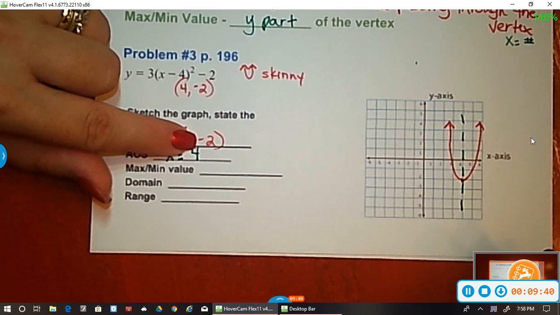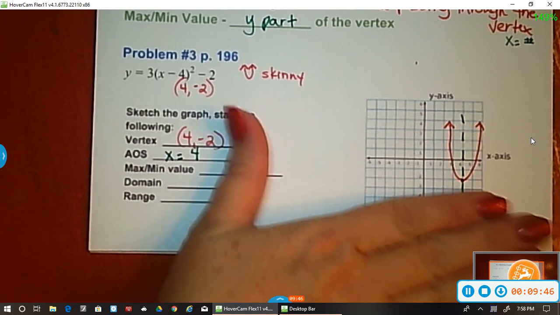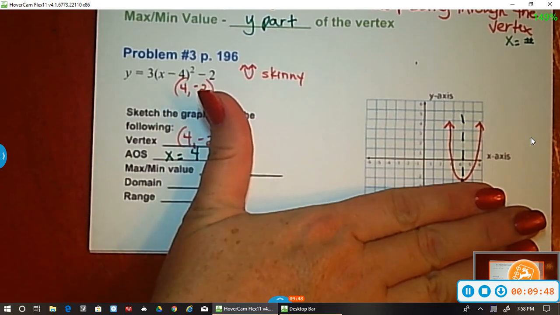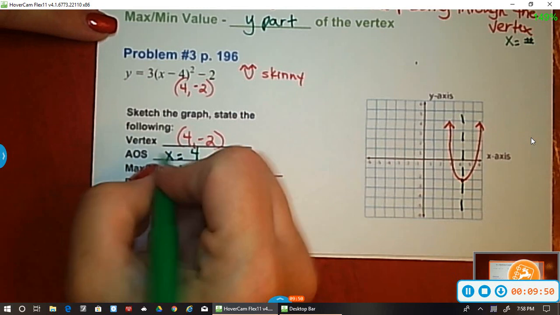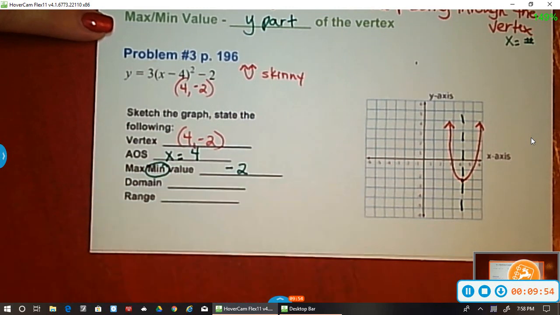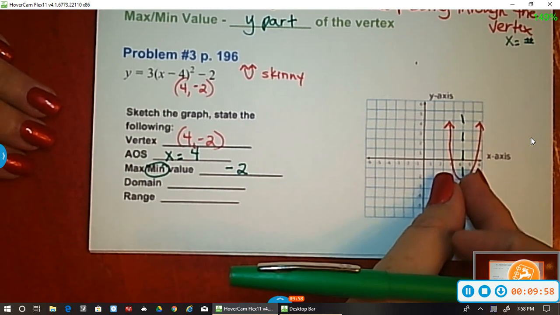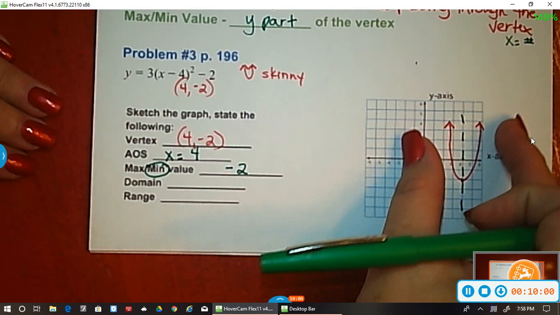It's also the y part of your vertex. I know it has a minimum because it's opening upward, and this is the lowest part of the graph. So my minimum value is -2.